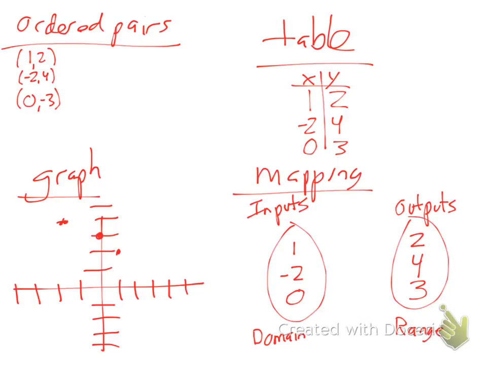And the whole idea is to draw a straight line that connects every input to its output. So I go to 1. 1 goes to what? 2. -2 goes to 4, and 0 goes to 3. That is a mapping.